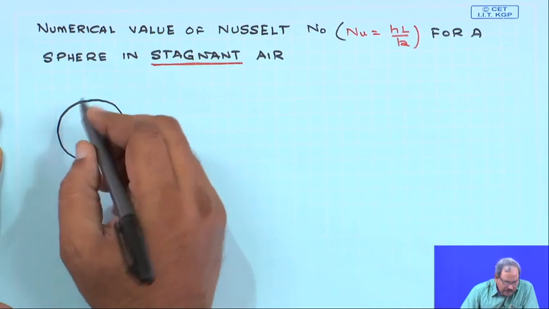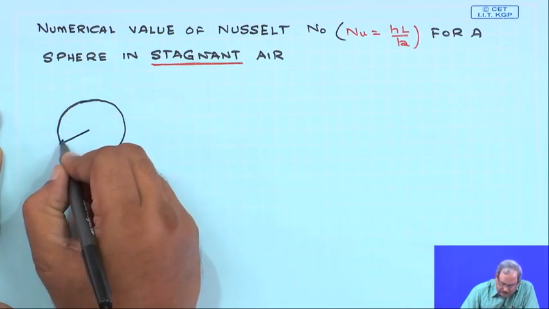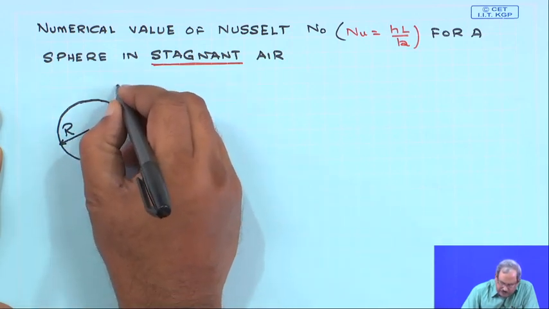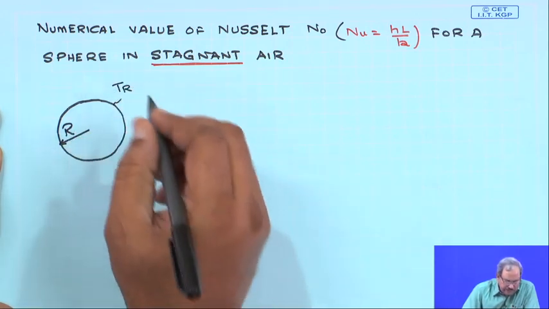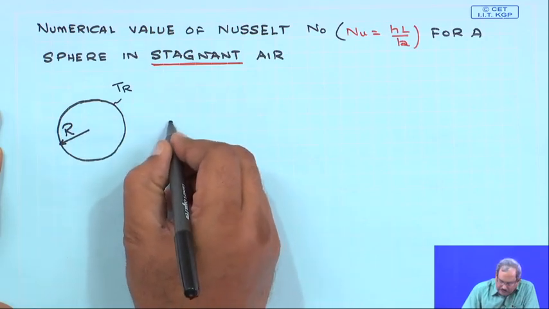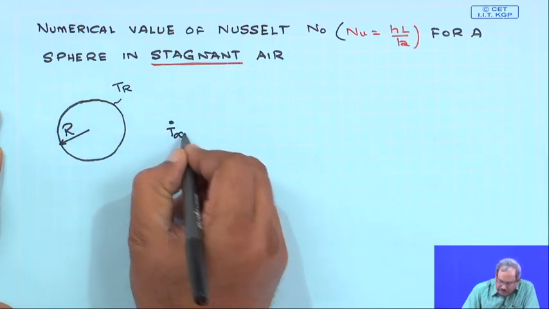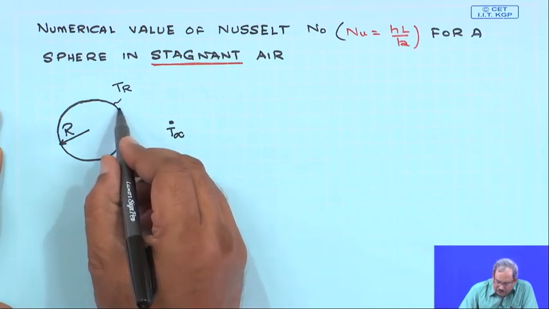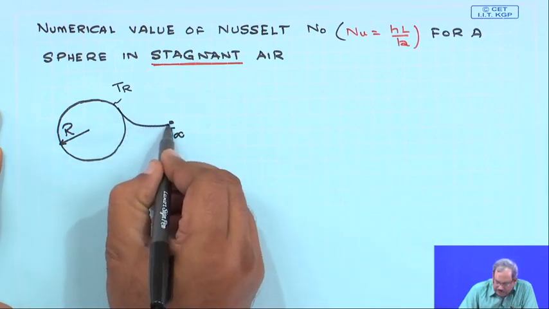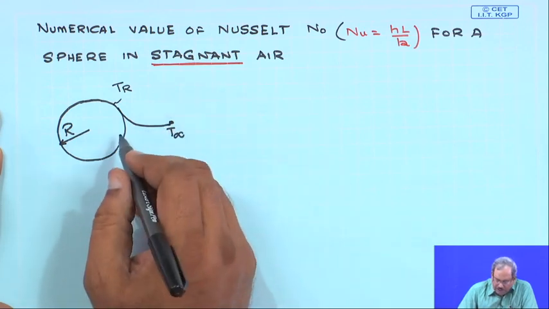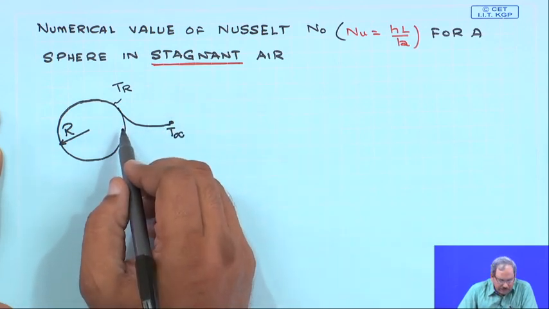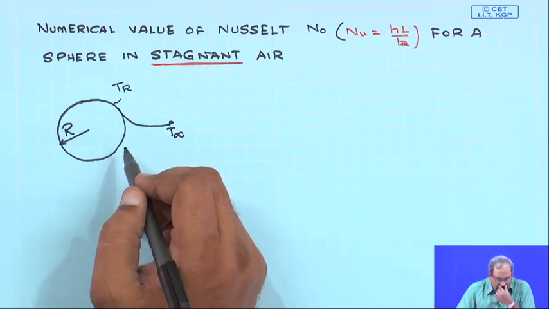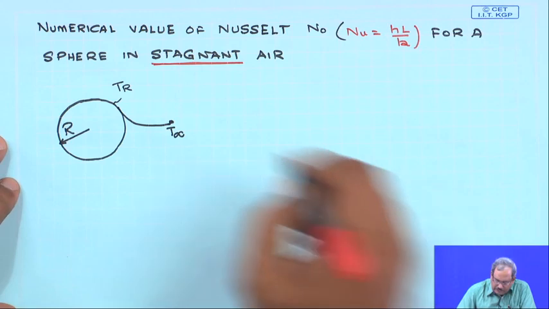system as this spherical ball has a radius equal to R, and the surface temperature is maintained at T_R, whereas the temperature at a point far from it is T infinity, and the spherical ball is going to lose heat by a combination of conduction and convection, and then we would like to see how it is going to lose its heat.